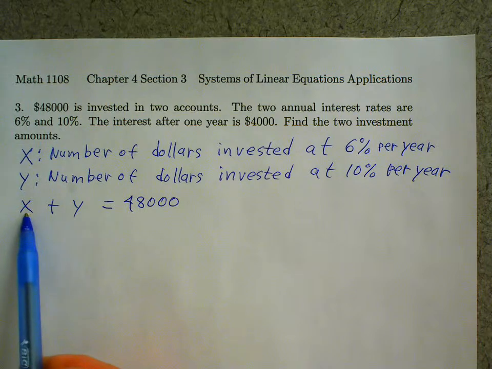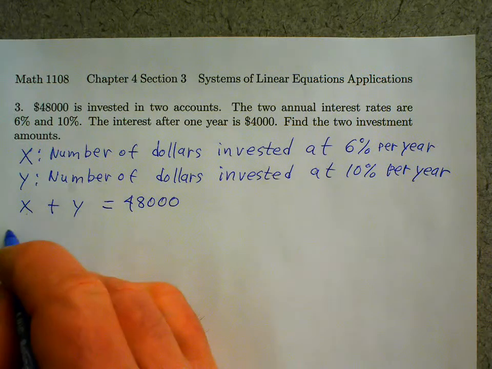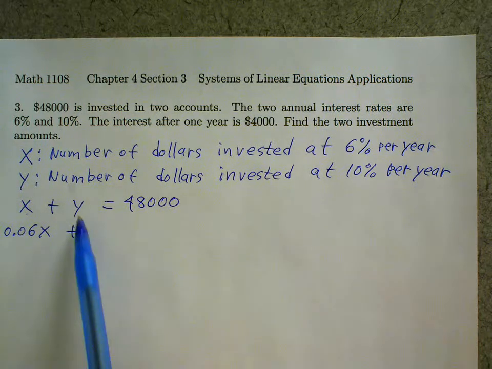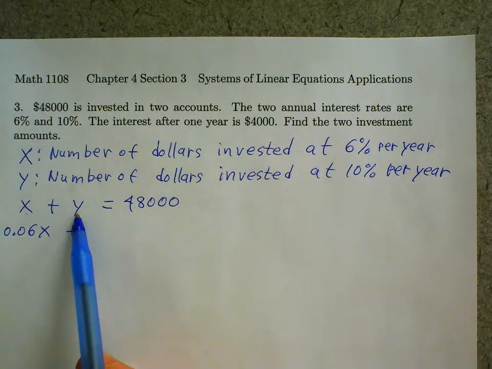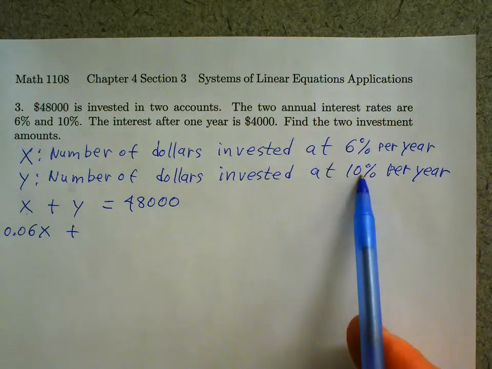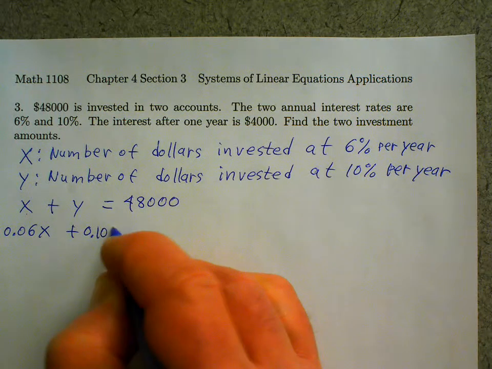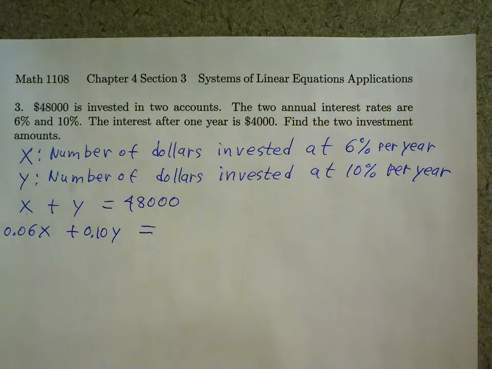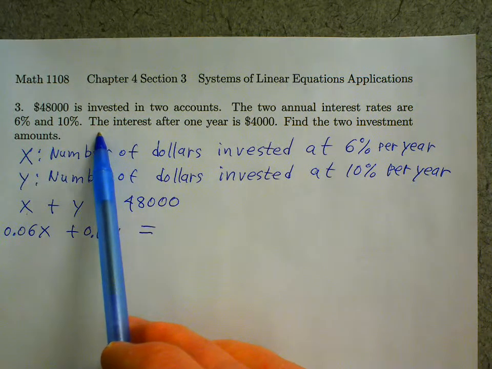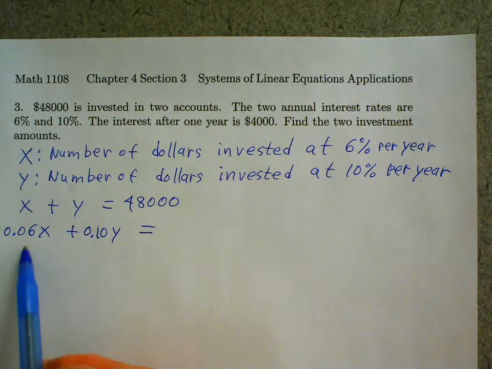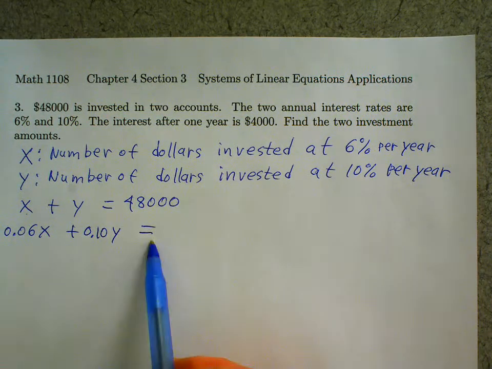So if X dollars earns interest at 6% per year, then after 1 year, the amount of interest will be 0.06 times X. We add that to the amount of interest that Y dollars earns at 10% per year, represented by 0.10 times Y. And we're told the total amount of interest in both accounts, so this has to add up to 4,000.